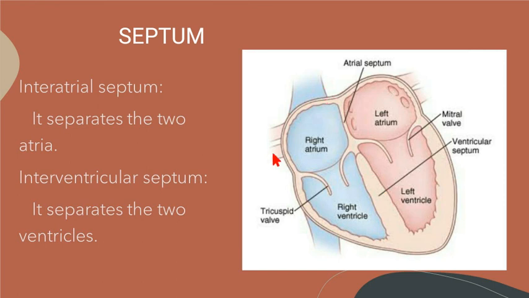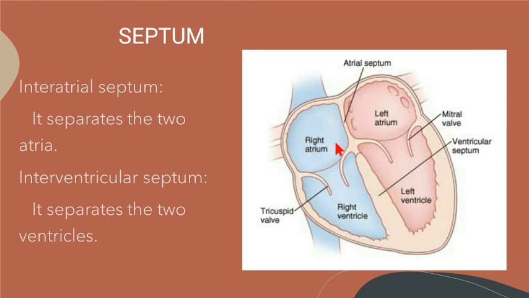You see, this is the right heart, which is composed of the right atrium and right ventricle, and they are separated by a valve known as the tricuspid valve. And this is the left side of the heart, which consists of the left atrium and left ventricle, and they are separated by means of the mitral valve. And the right heart and left heart are separated by means of the septum.